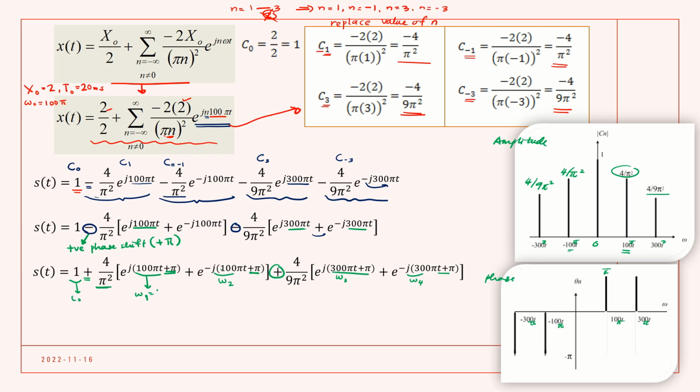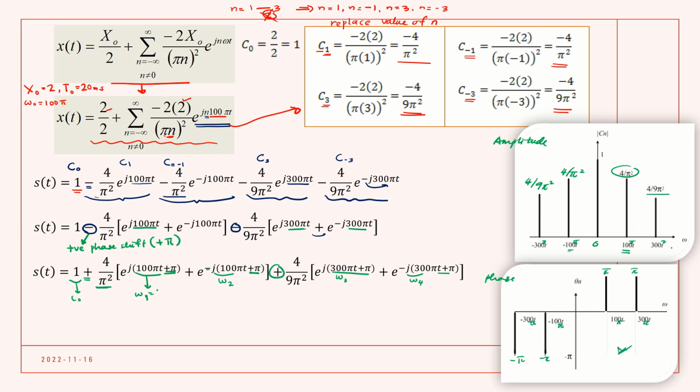The second component is negative, so don't forget the negative in front: negative pi here. The third component of omega is positive pi. And the fourth component is negative pi. Alright, so this is the final answer.